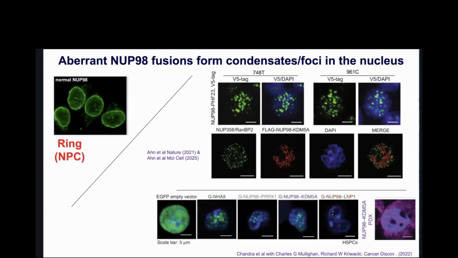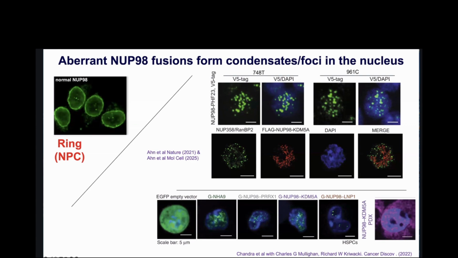The normal NUP98 shows this classic nuclear envelope staining, but the field has known for a long, long time that the aberrant NUP98 fusion oncoproteins show a very different staining pattern.